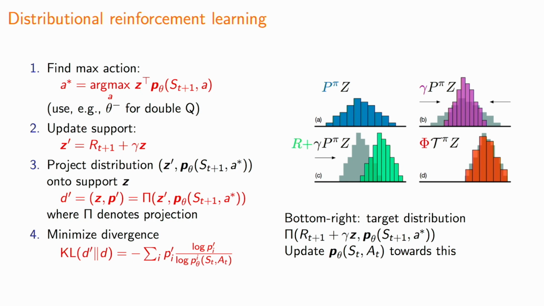So we're basically just moving this around according to the sample that we got. This is for the one-step case. Then this new distribution, which is depicted in green at the bottom left, won't actually map onto the support that we had. So we need to do an additional step there, which is basically to map it to the closest distribution on the support that we're allowing, on these points that we defined, which is a projection step.